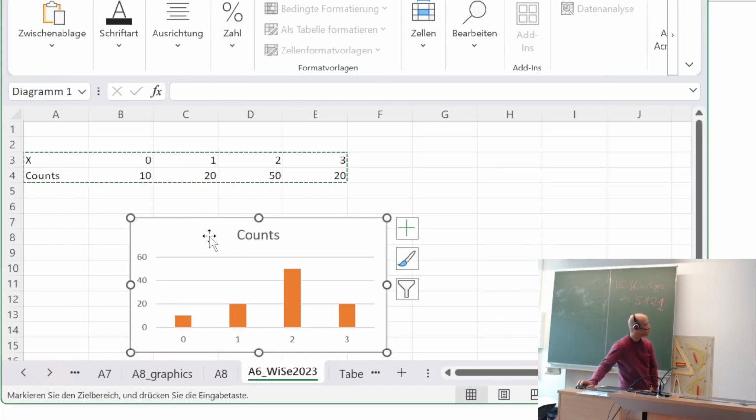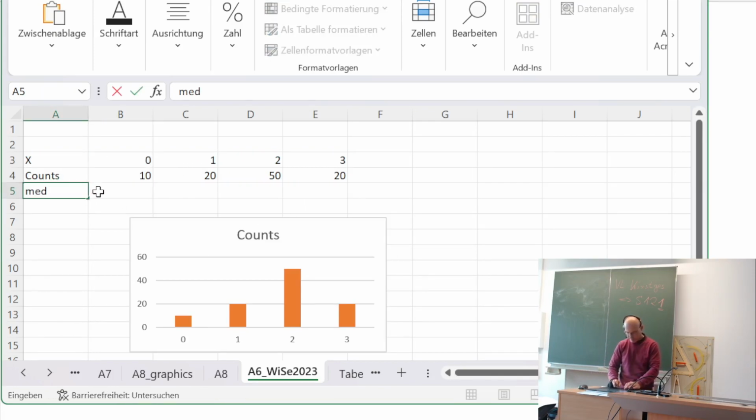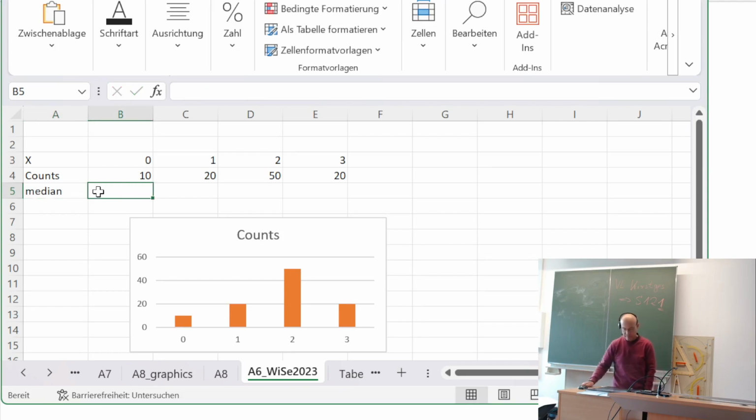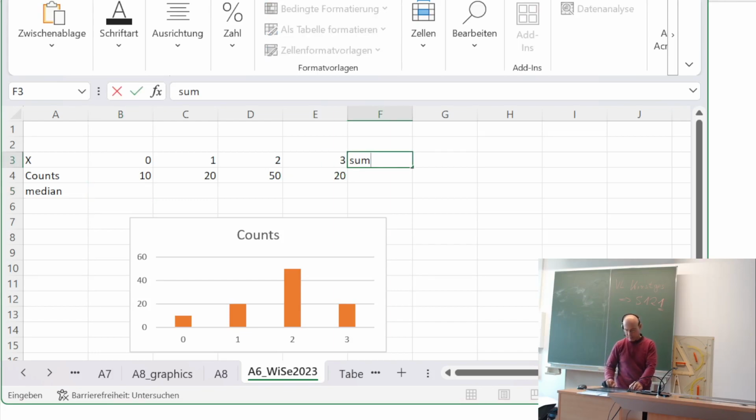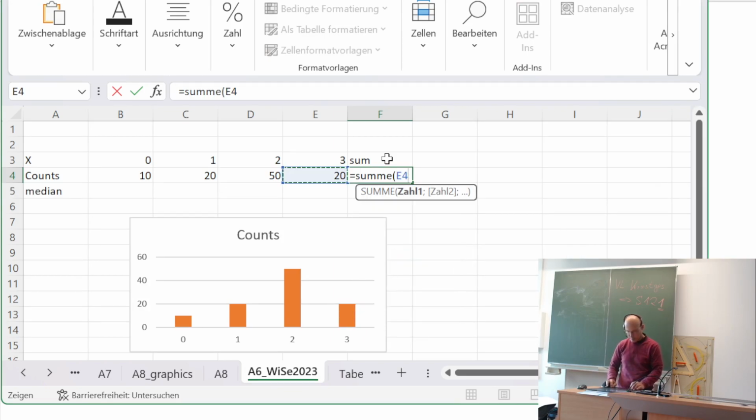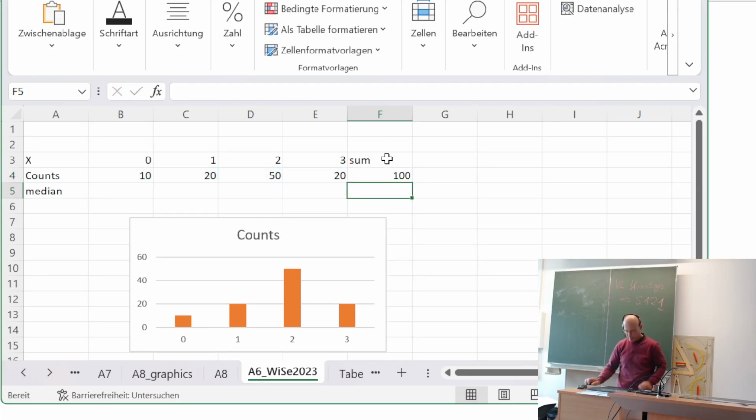And then first of all, what is the median of this distribution? If you look at the data, the sum of all counts is 100.